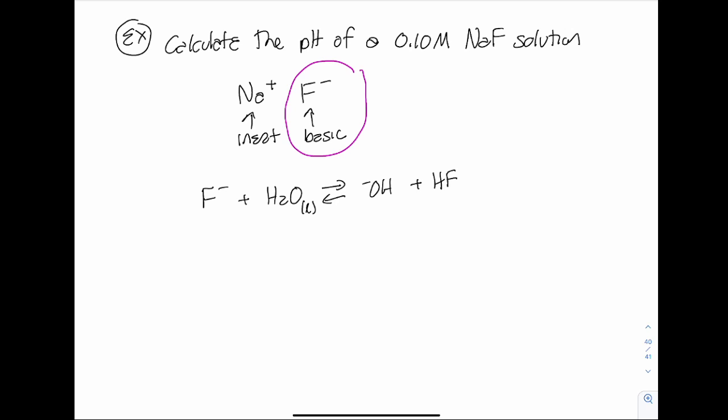So step one, analyze your salt. What part of it is reacting with water, in this case F minus, and then write that equation. That's the equation you're going to use to answer the question. We are given the Ka for HF, the additional piece of information you were missing.